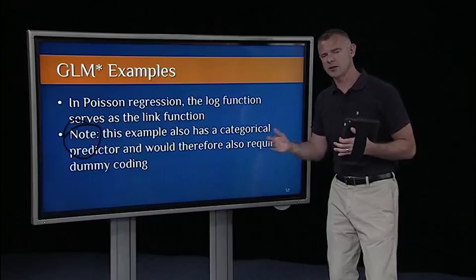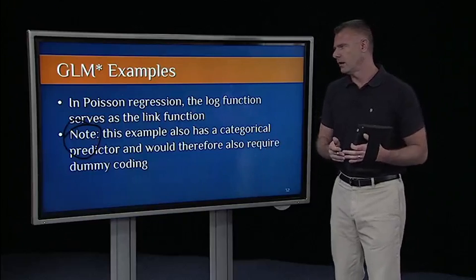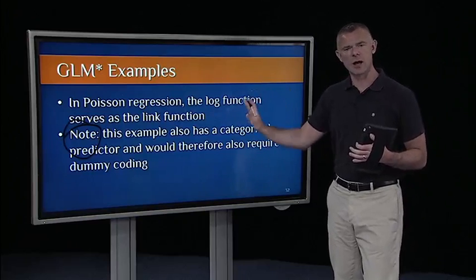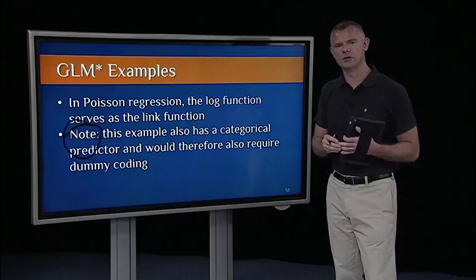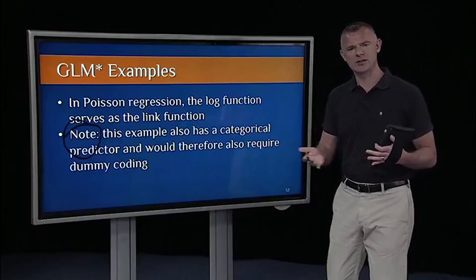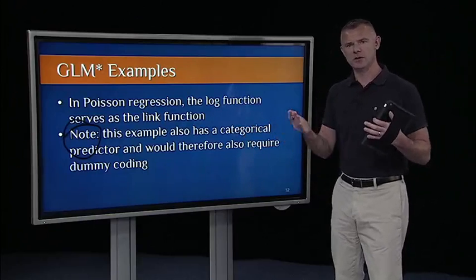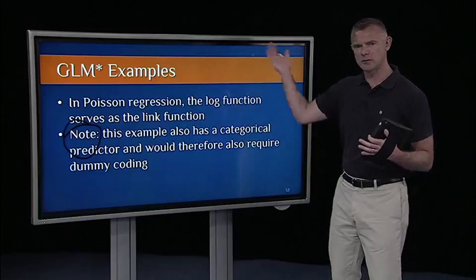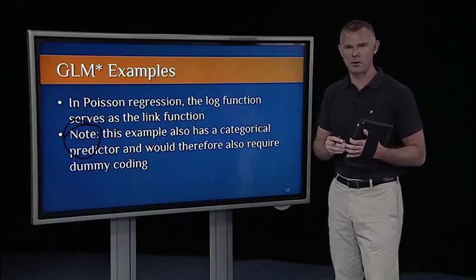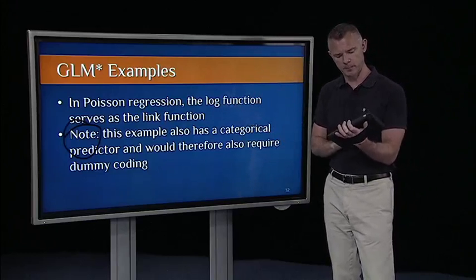All I did in this lecture was present an overview of that so you're aware of it. Here I just wanted to show you a couple of examples, the binomial logistic regression and the Poisson regression. You may encounter different types of examples, but the GLM mathematical framework will allow you to test those more complex nonlinear regression models.